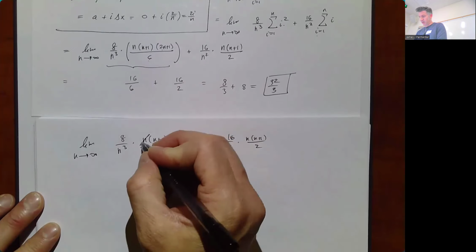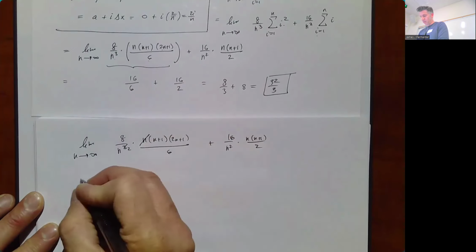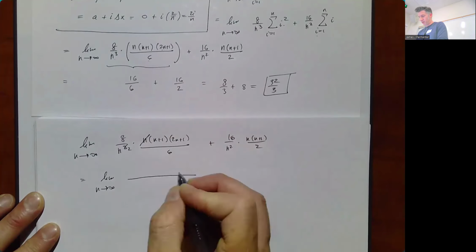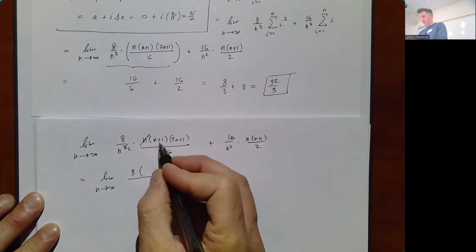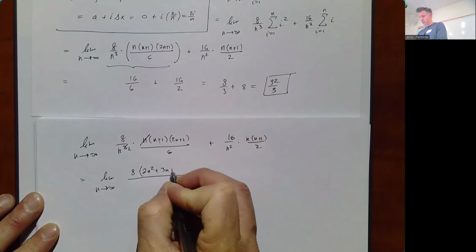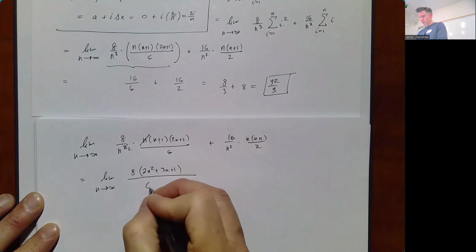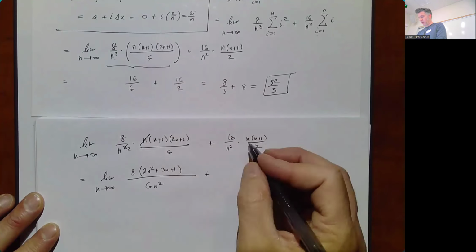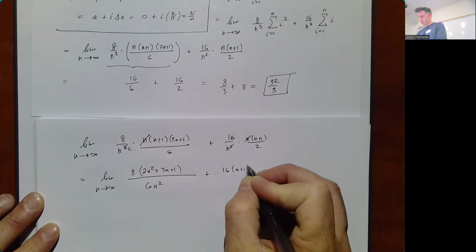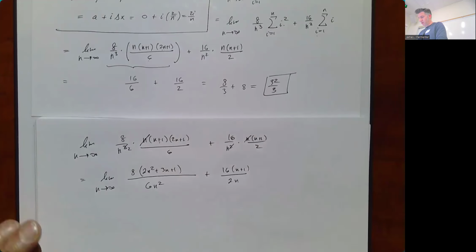You can cancel an n here and an n here. So then I really have the limit as n goes to infinity on top of 8 times n plus 1 times 2n plus 1, which is 2n squared plus 3n plus 1, and on the bottom, I have 6 times n squared. Plus, here I can cancel an n as well, and I've got 16 times n plus 1 over 2n.